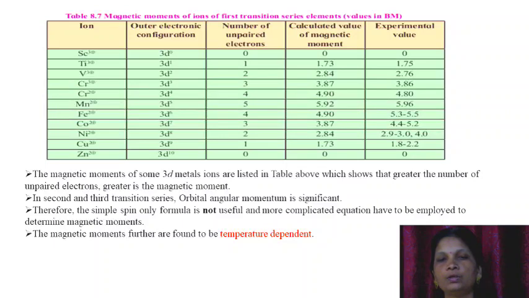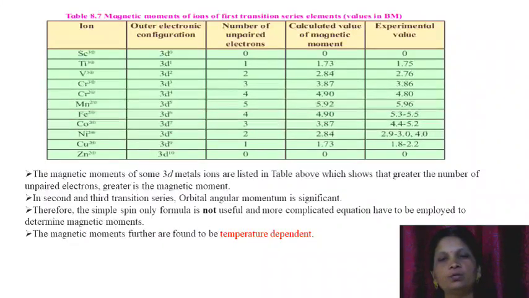Ni+2, the outer electronic configuration is 3d8, the number of unpaired electron is 2. So calculated value of magnetic moment 2.84, but the experimental value lies in the range of 2.9 to 3 and of course 4.0.